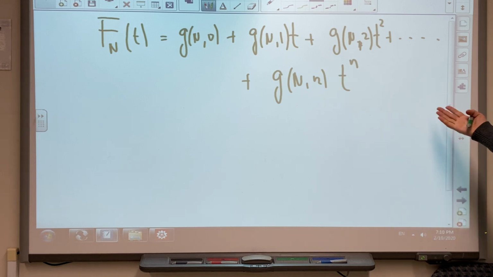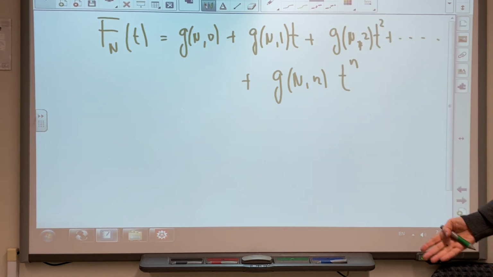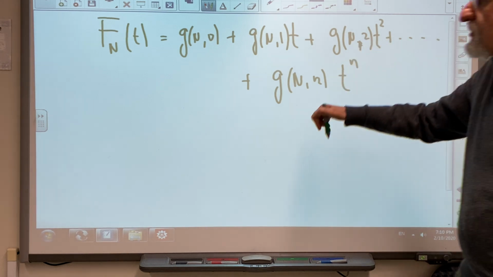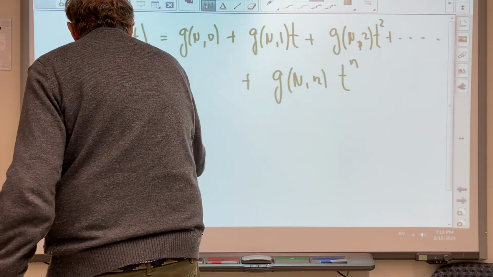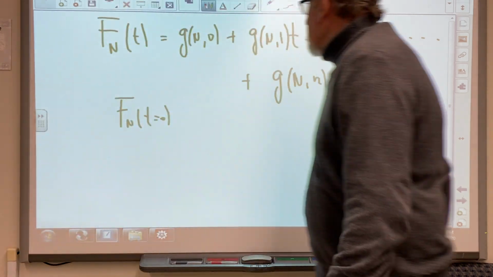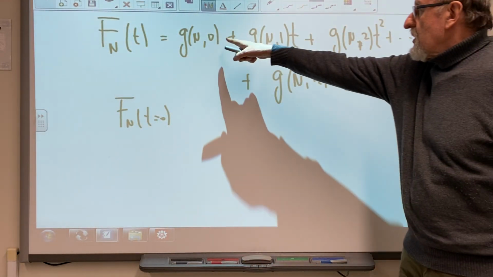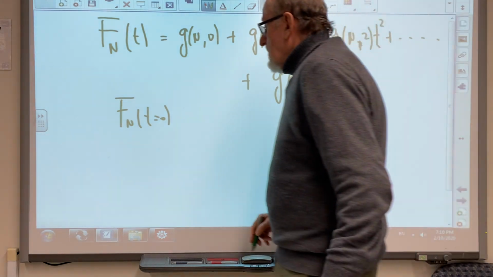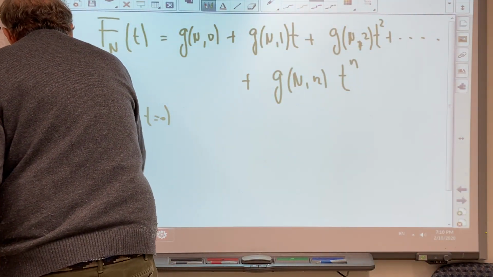You can tell me, how do I find it? Let's say I give you the function. How do I find it? Well, obviously taking derivatives. If you need the g of n 0, all you have to do is take the function f sub n at t equals 0. You write it at t equals 0, you get that number. That's the g of n 0.